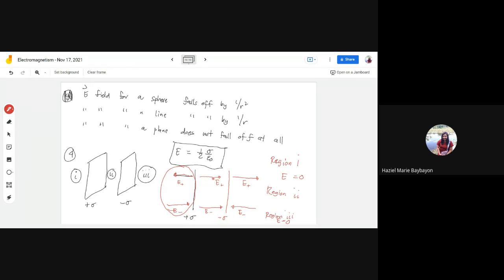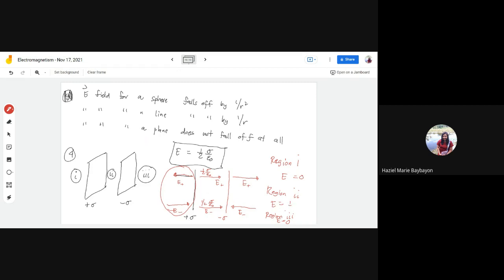Now here at region 2, we have kini siya, 1/2 sigma over epsilon naught. And then this one also has magnitude 1/2 sigma over epsilon naught. Therefore, at region 2, mag-add up lang sila, no?